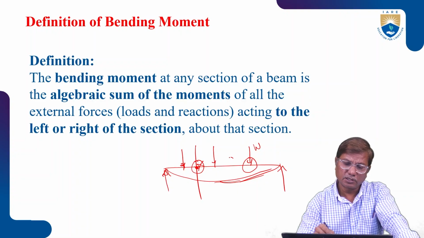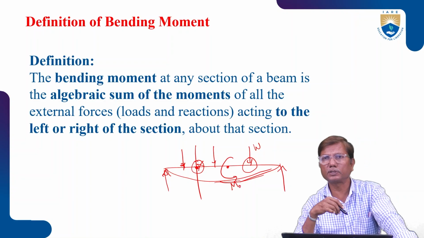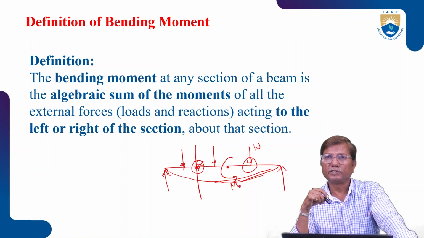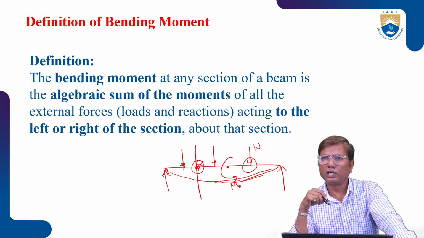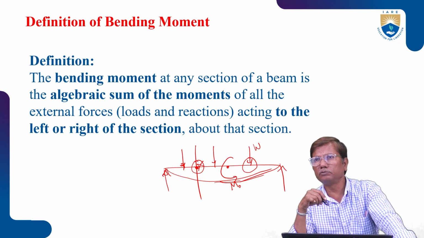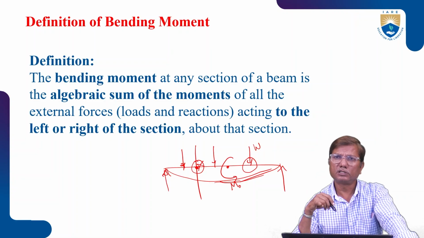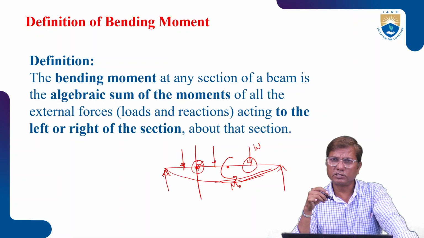In case of bending moment also there will be a sudden drop if it is subjected to a couple. Then you will have a sudden drop or rise in the bending moment at that section.